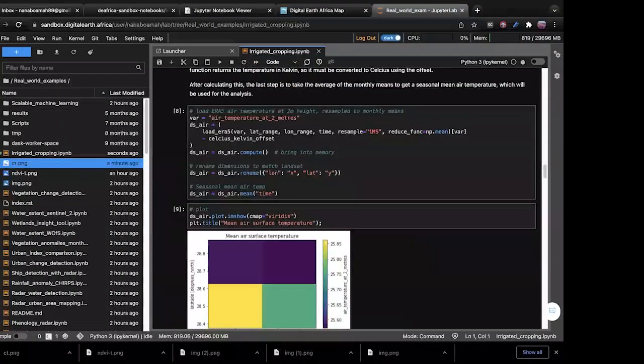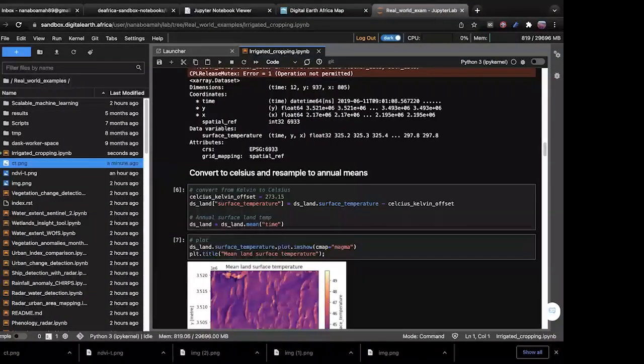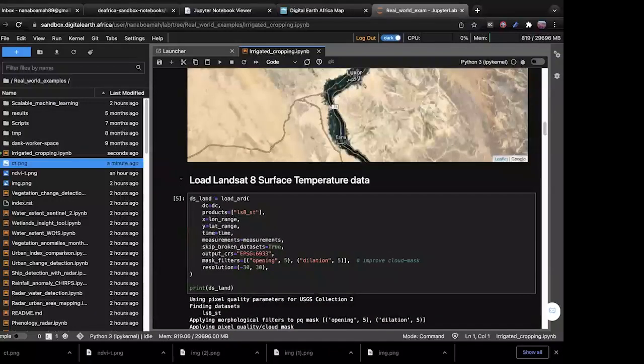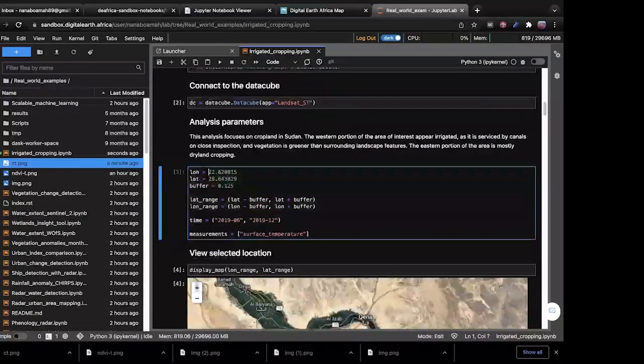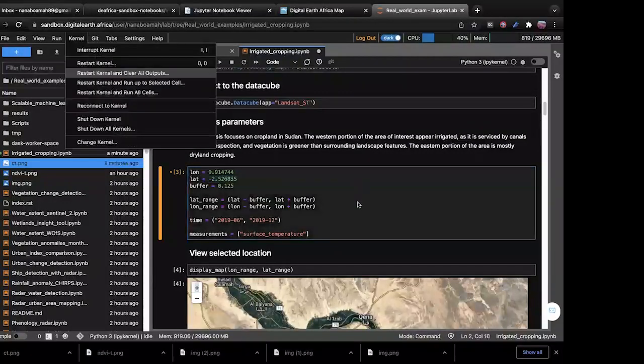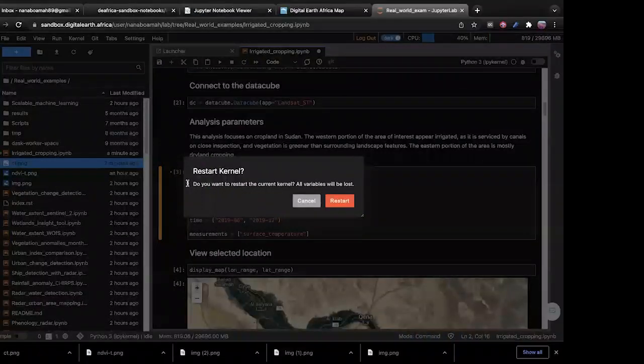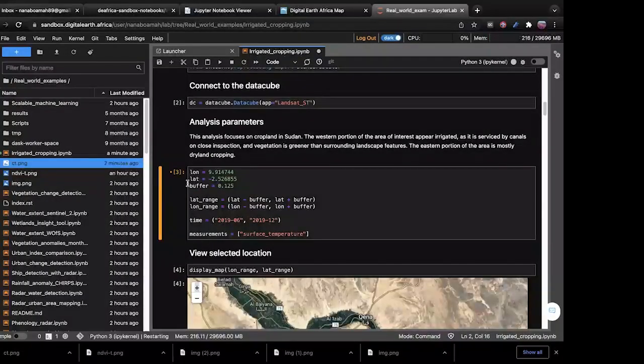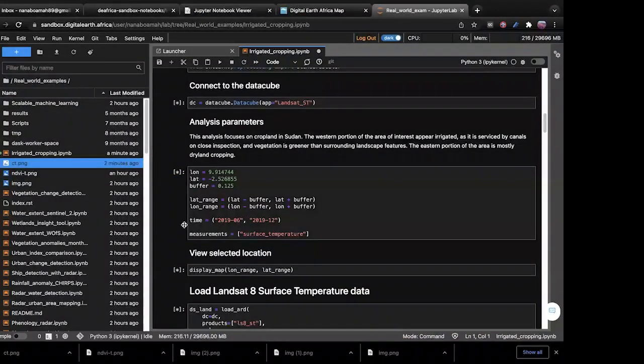So the latitude is 9.9. The longitude is -2.5. Okay, so I've gotten this. Then let's restart and run it for that particular area. Because you're using a smaller area, it will run fast for this demonstration purpose.